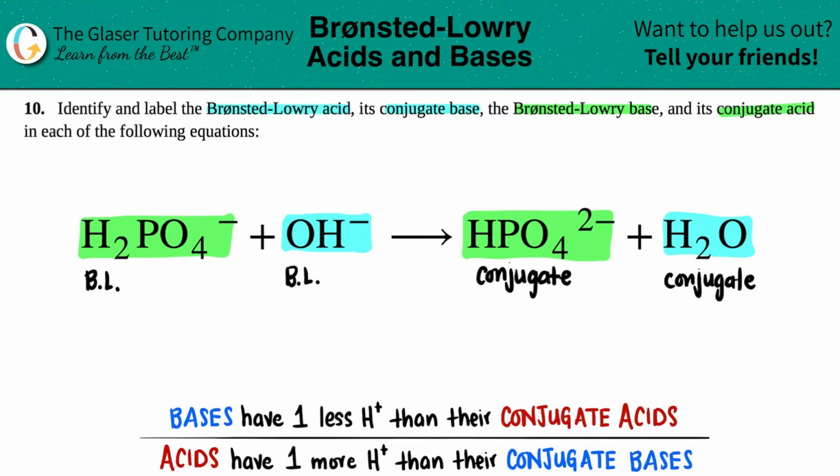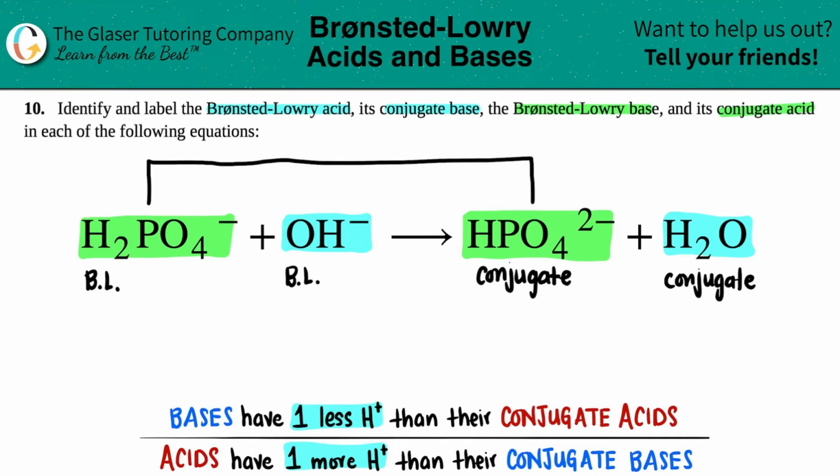So now we're going to figure out which one is actually the acid and which one is the base. Pick a pair, any pair. It doesn't matter which one. Because I like to work from left to right, I'll go for the greens first. So I'm going to analyze this specific pair. Just know that acids out of the pair always have one more hydrogen, H+. So acids have one more hydrogen than their conjugate base. And vice versa, bases always have one less hydrogen than the acids.